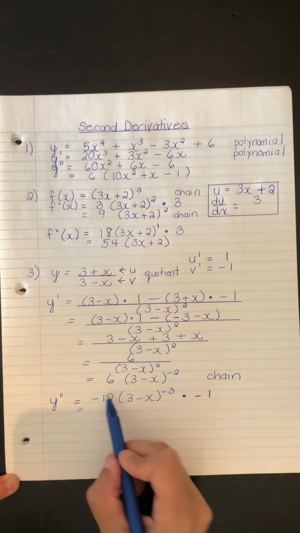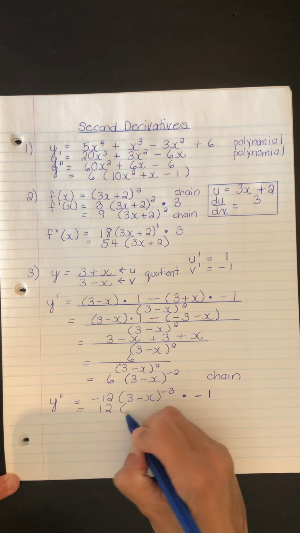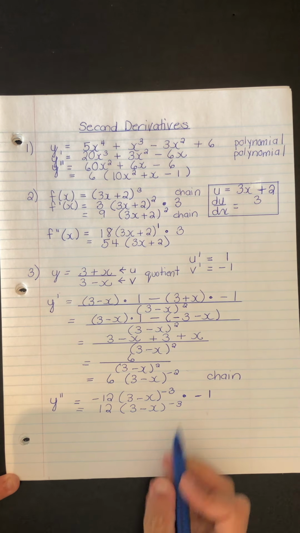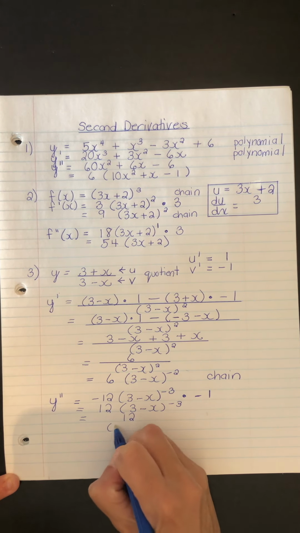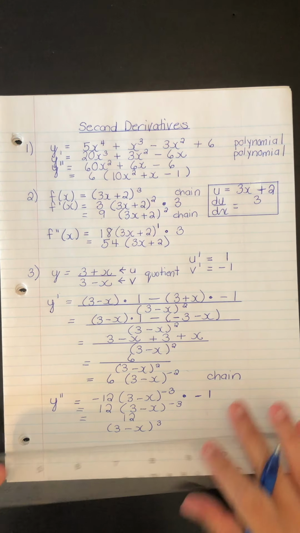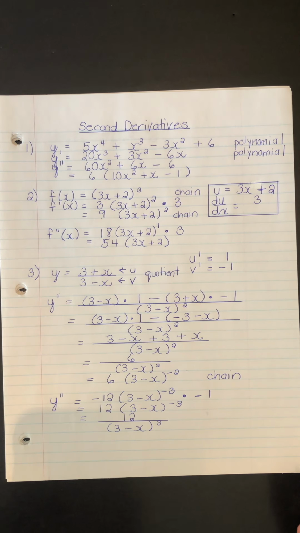And so this gives us -12 times -1 is +12. And rewriting this now with a positive exponent, we would have 12 over the cube of 3 minus x.